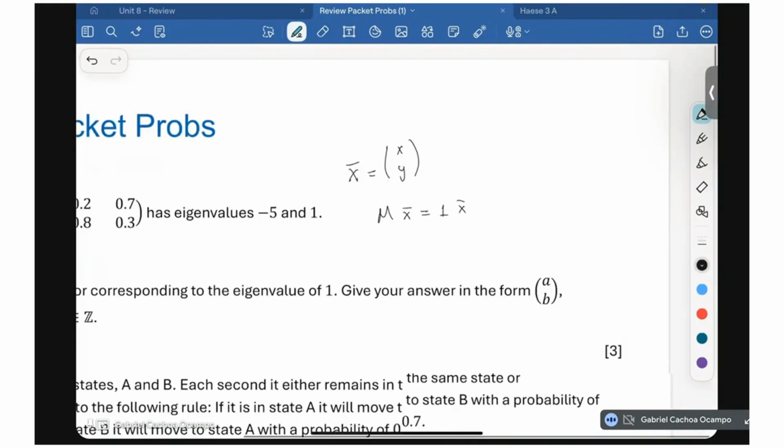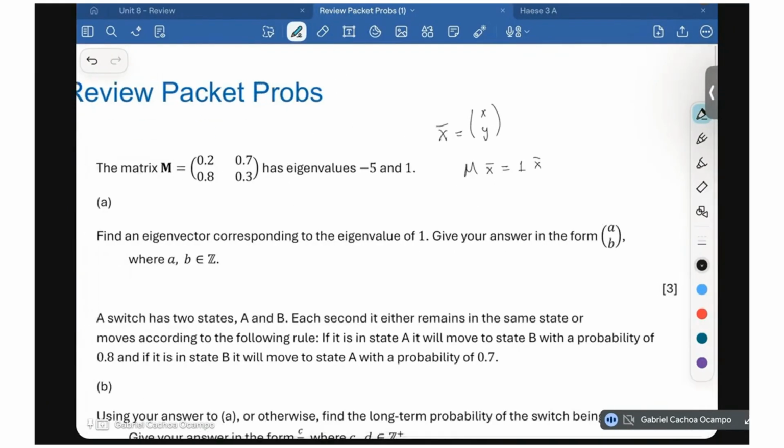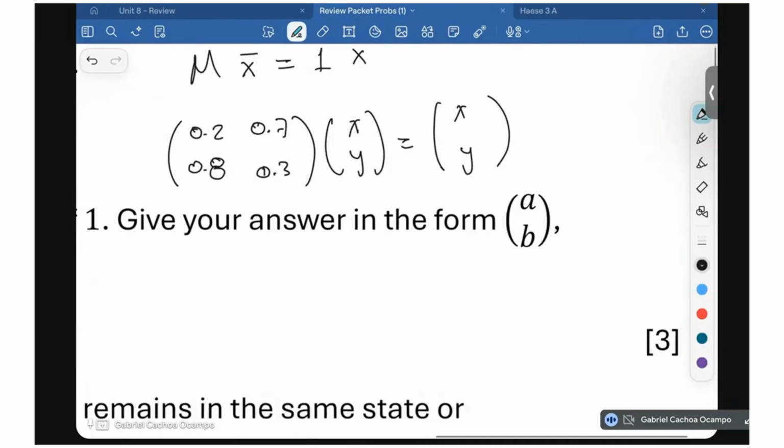That is, they are asking me for the eigenvector (x, y) such that the matrix [0.2, 0.7; 0.8, 0.3] times (x, y) equals (x, y). Okay, so from here, I can set up a system of linear equations.